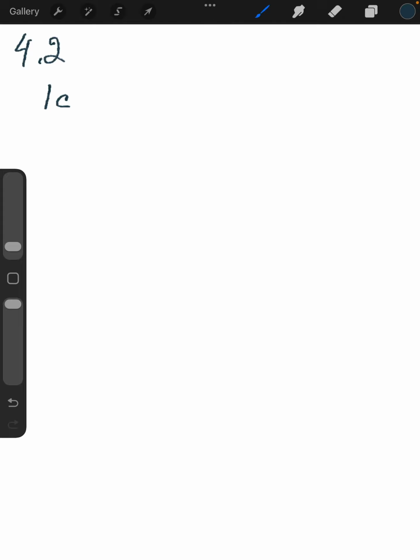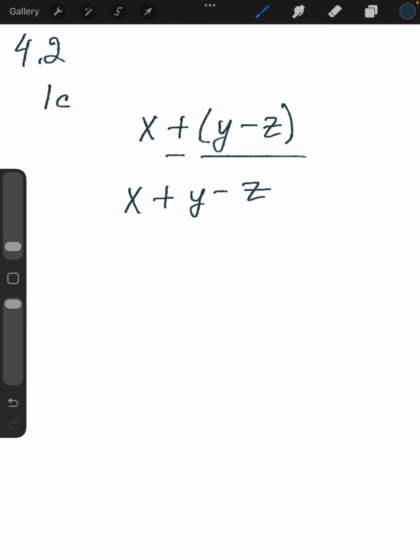And it states x plus y minus z. We have to open parentheses. Whenever there is a plus sign in front of the parentheses, everything flows very easily. We simply just remove the parentheses. So we've got x plus y minus z.